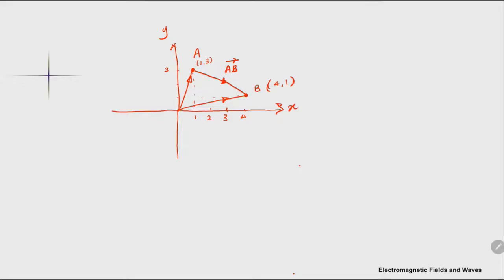But one of the easiest paths to take is through the position vectors that we have.